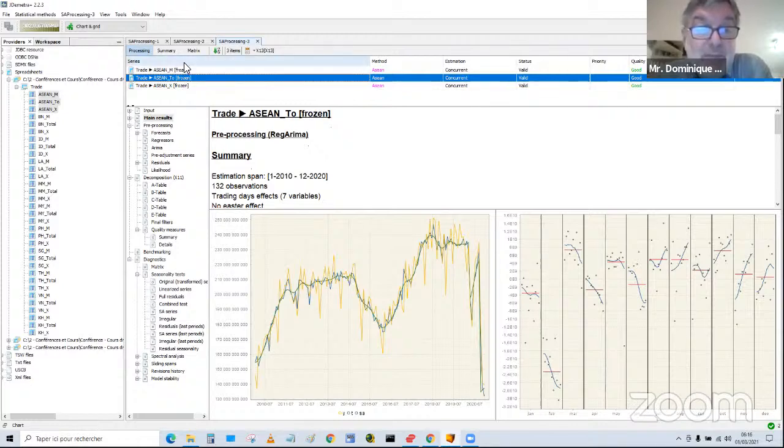What is the difference between the two? This is the problem we call direct versus indirect. So should I compute the ASEAN seasonally adjusted total directly, or as the difference between the seasonally adjusted exports minus the seasonally adjusted imports? It's a choice.